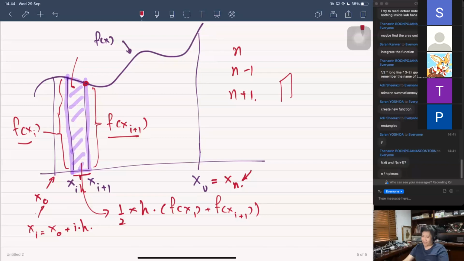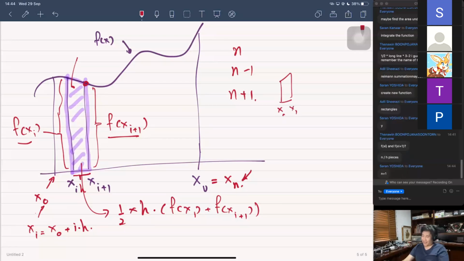If I end with x1, then I have one piece. If I end with x2, then I'm going to have two pieces. So if I end with xn, then I'm going to have n pieces, by induction. You do three examples. I just told you not to prove it by example, but it's a good thing to do by example. So you can eliminate the choice really quickly. If I have x1, I have exactly one trapezoid to add up.